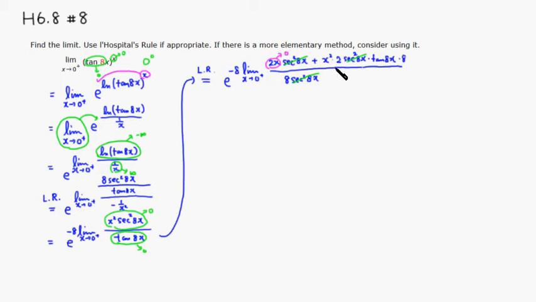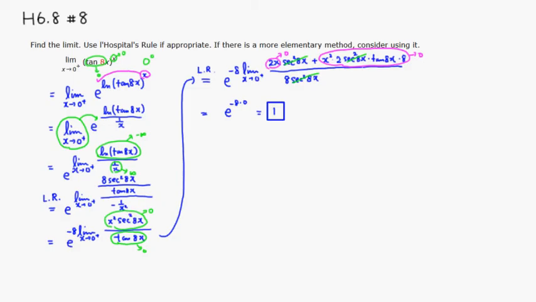And in the second term, x goes to 0, times 2, and tangent goes to 0, so the second term also goes to 0, because tangent of 0 is 0 and you're multiplying by 0 even. So you have 8 on the bottom, and 0 over 8 is 0. So this limit is 0. So we have e to the negative 8 times 0, which is e to the 0, which is just 1. So the limit that we are looking for is 1.